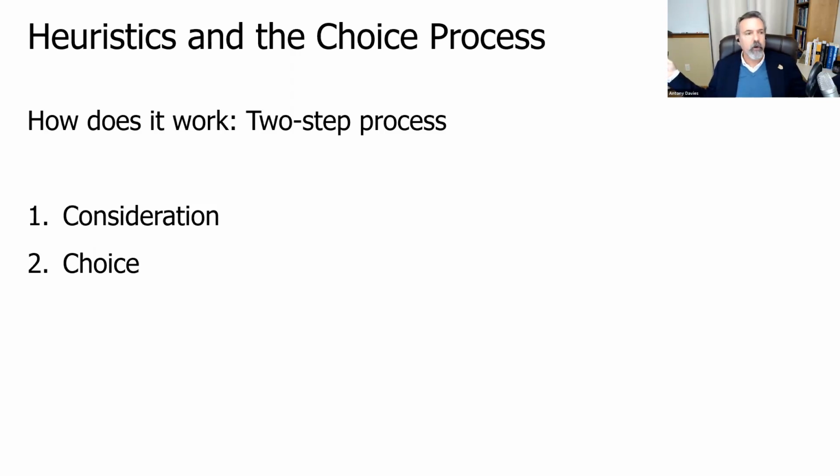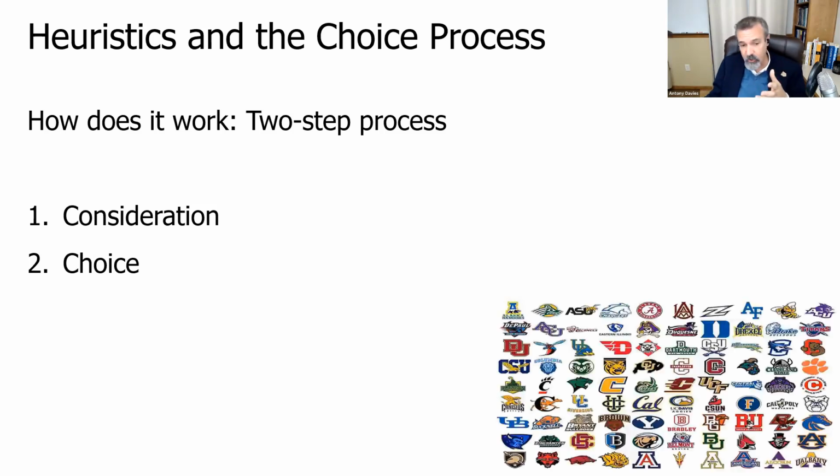But there's so many options in front of you that you simply can't think about every one of them individually. You got to use heuristics. So humans will tend to do this in a two-step process, what we call consideration and choice. And consideration is taking all of the options in front of you and whittling them down.